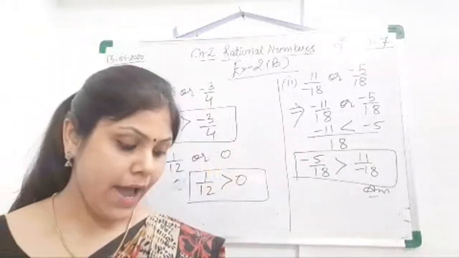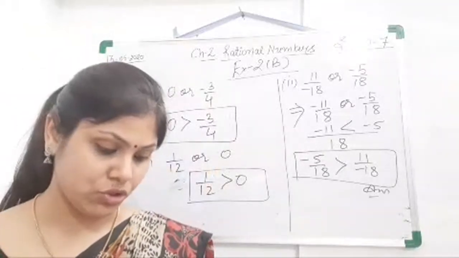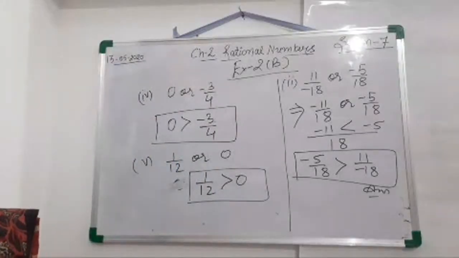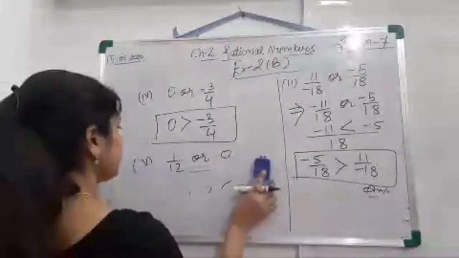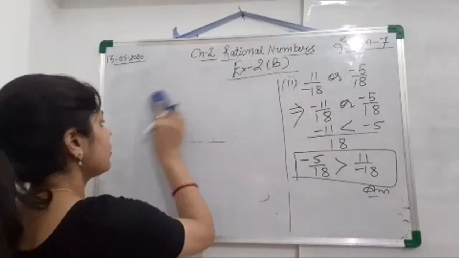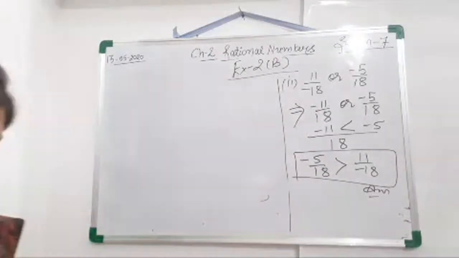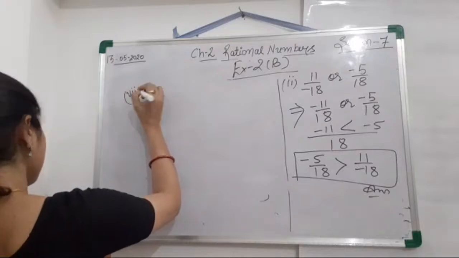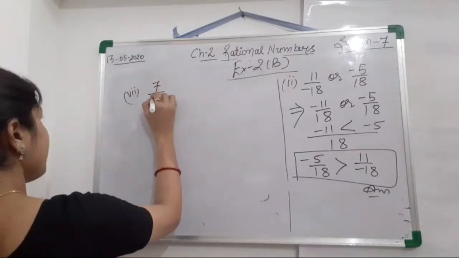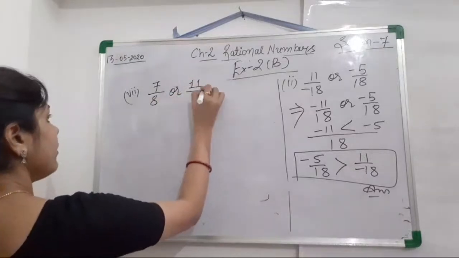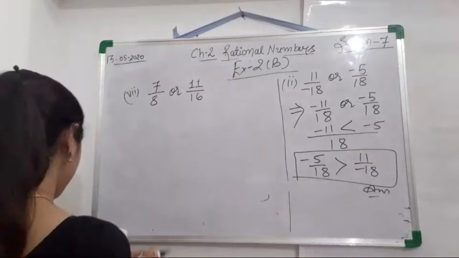Okay, now I am solving the seventh question. 7 upon 8 or 11 upon 16.